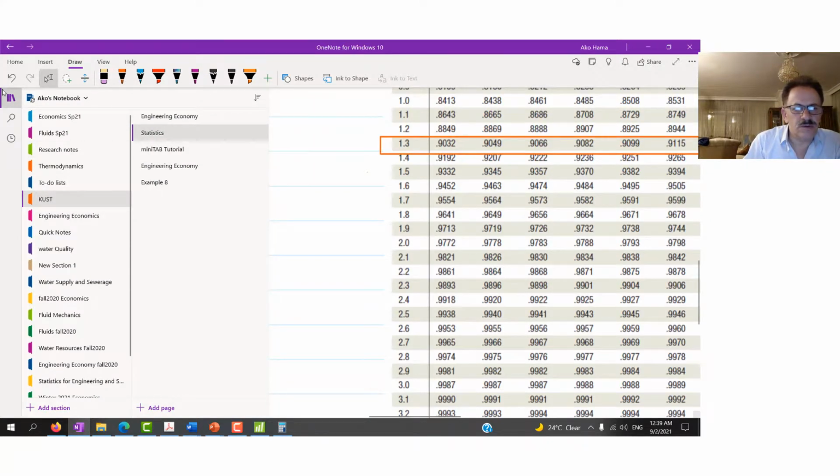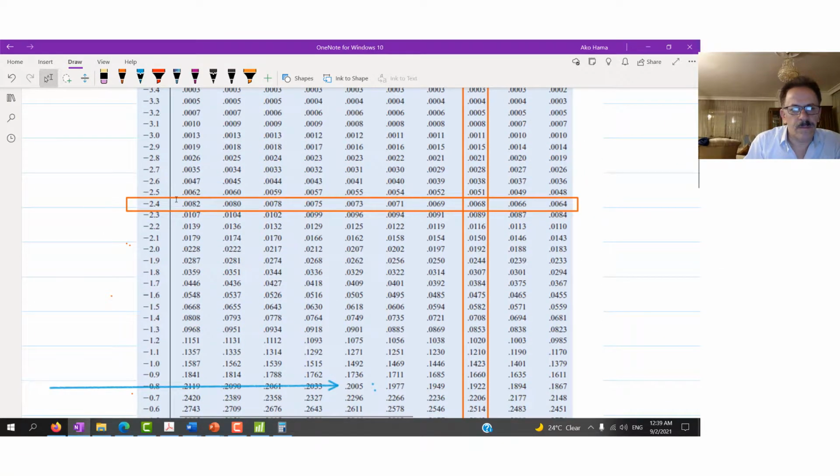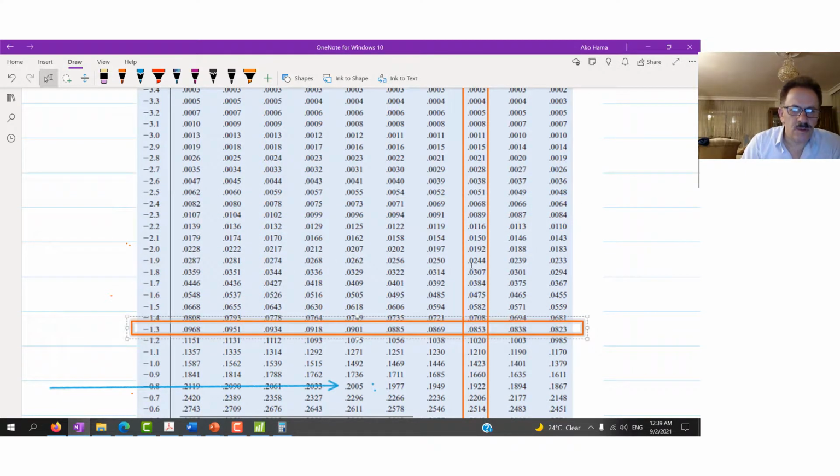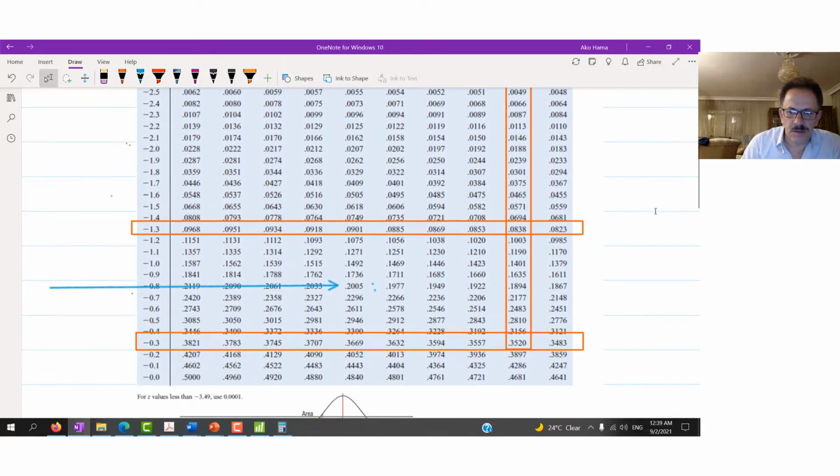So 1.38, but now in minus. What will be the minus 1.3? This is 1.3, and what will be the 8? Here's the 8. So what will be 1.38 in negative?